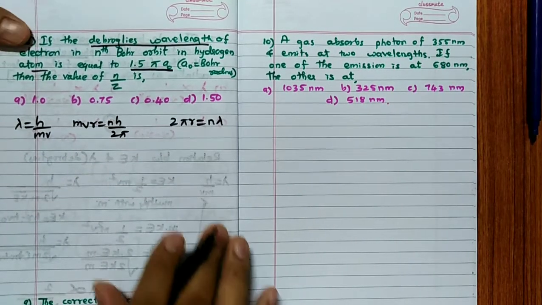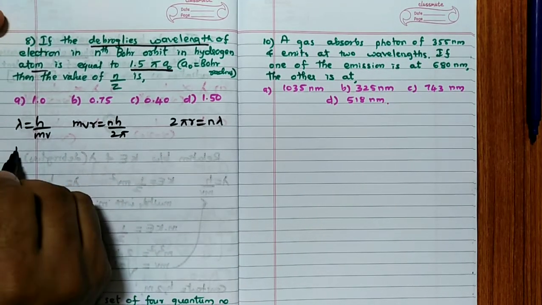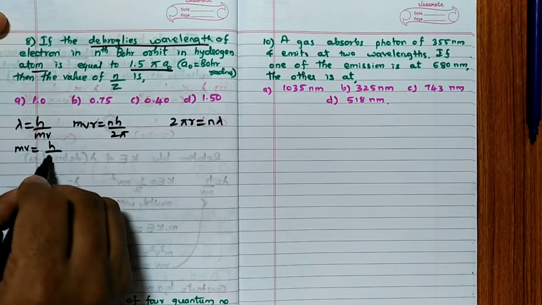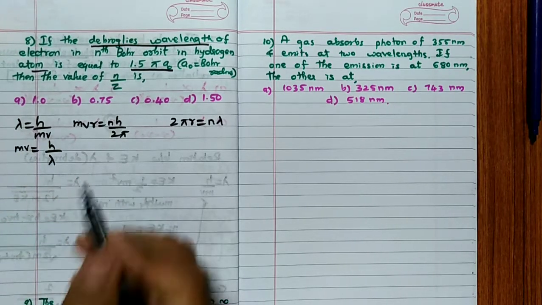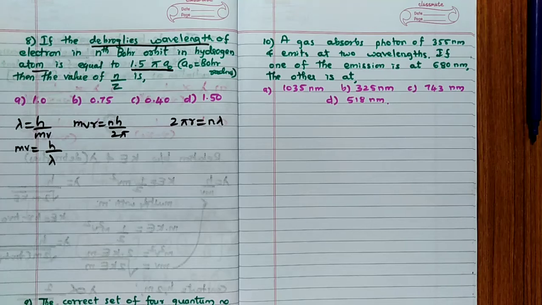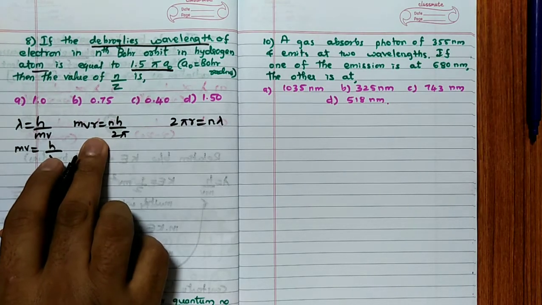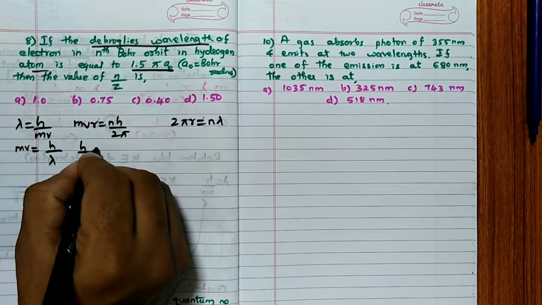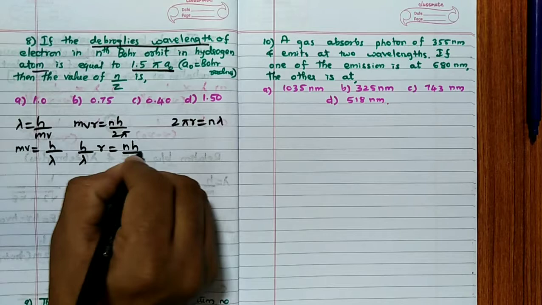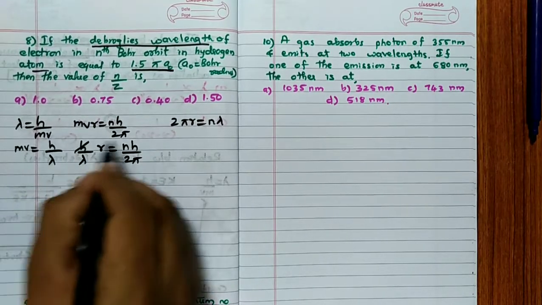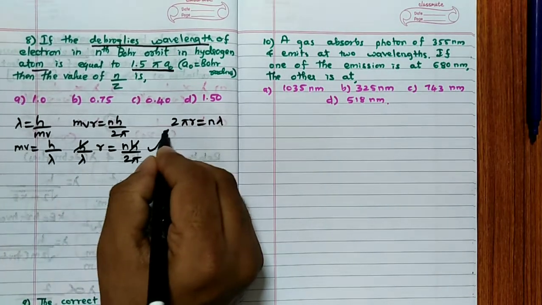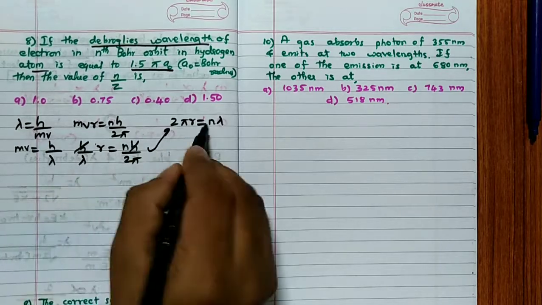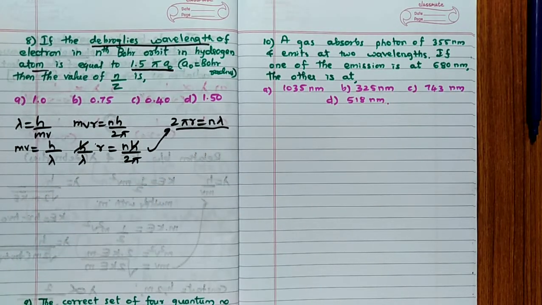Now you substitute this mv, mv is equal to h divided by lambda, in this equation. What will happen? h divided by lambda into r is equal to nh by 2 pi. So h gets cancelled, and you are going to end up with 2 pi r is equal to n lambda. This much you got. Correct?